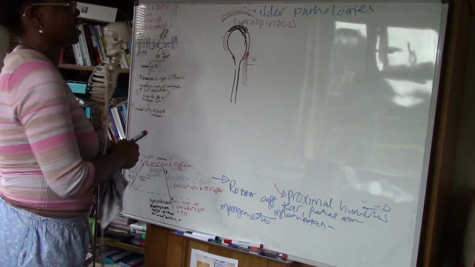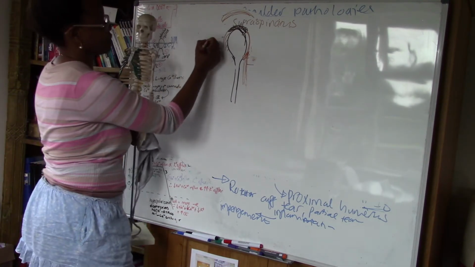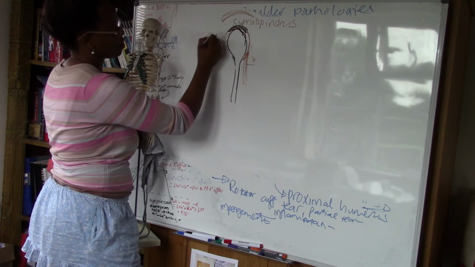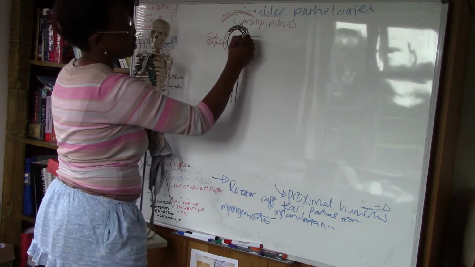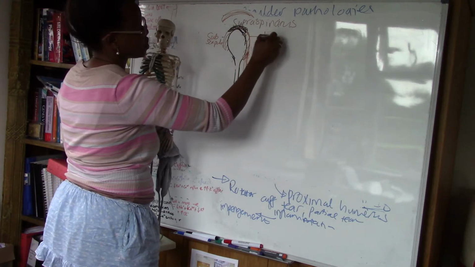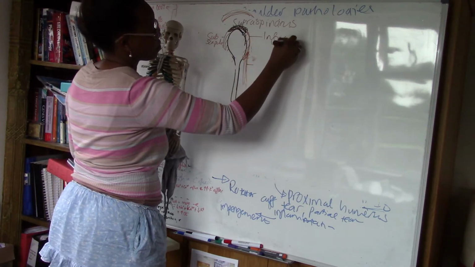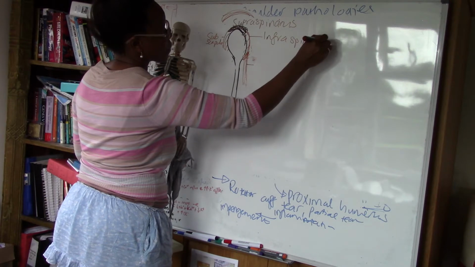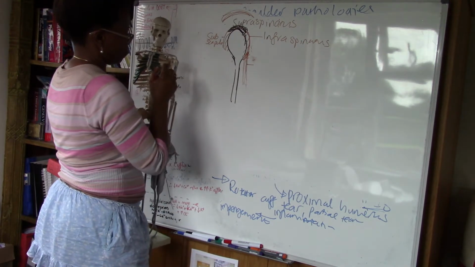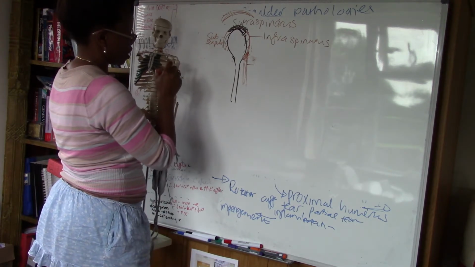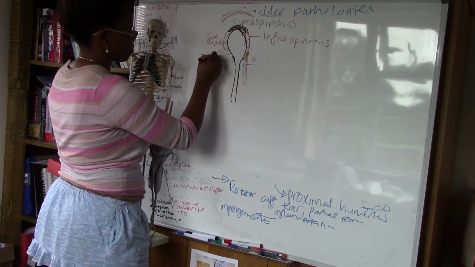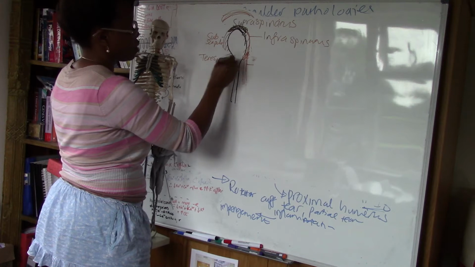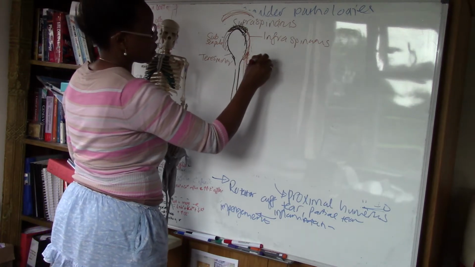If I draw it exactly as I see it on the model, if subscapularis is there, and then this would be infraspinatus. So subscapularis will be there, and then teres minor there, and the bicep tendon.